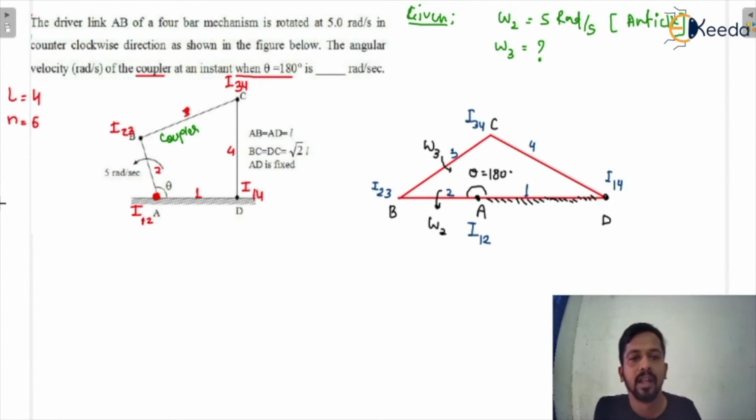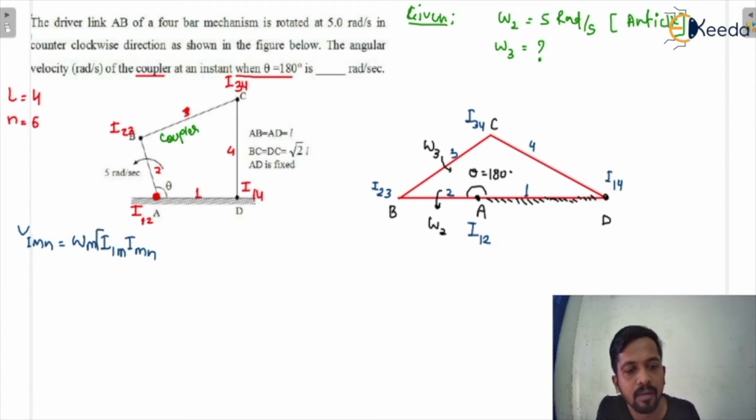Now we are going to apply the theorem of angular velocity. The theorem of angular velocity says that V of Imn is equal to omega m times I1m Imn. This is the formula which we have seen in the lecture.